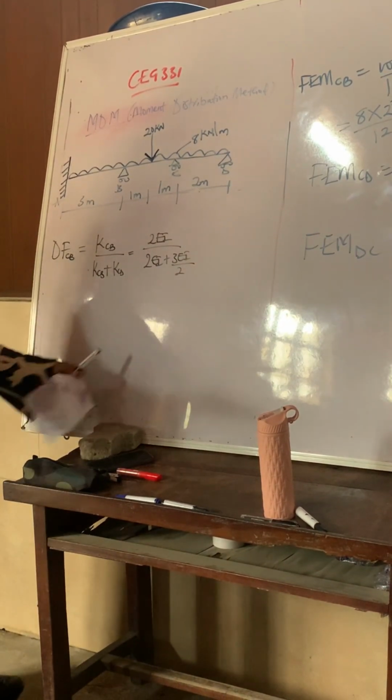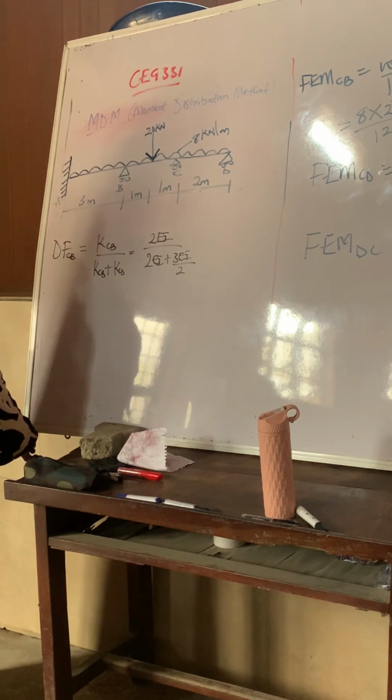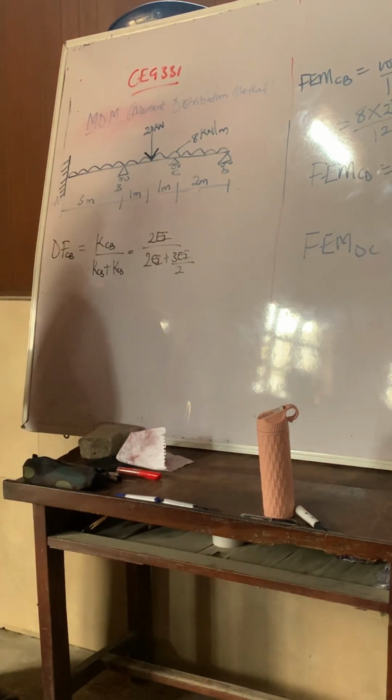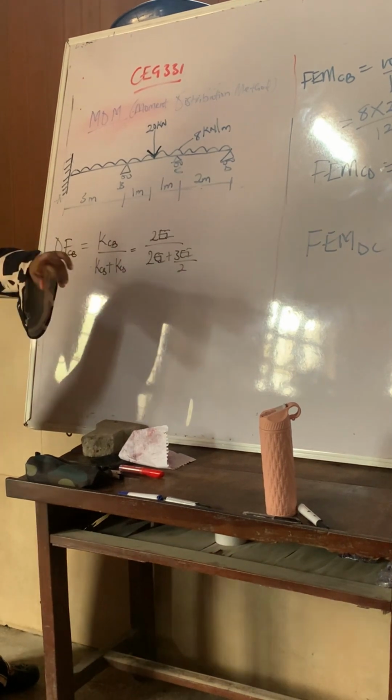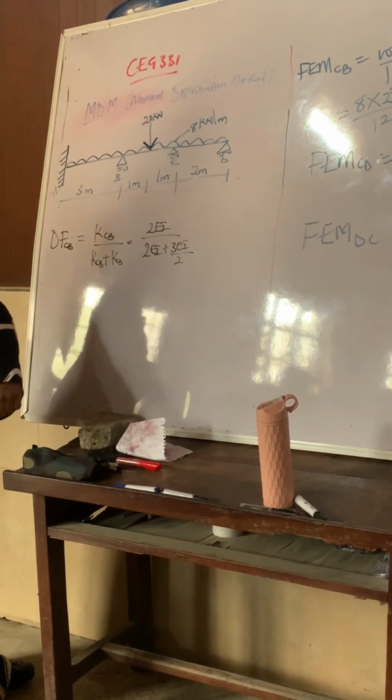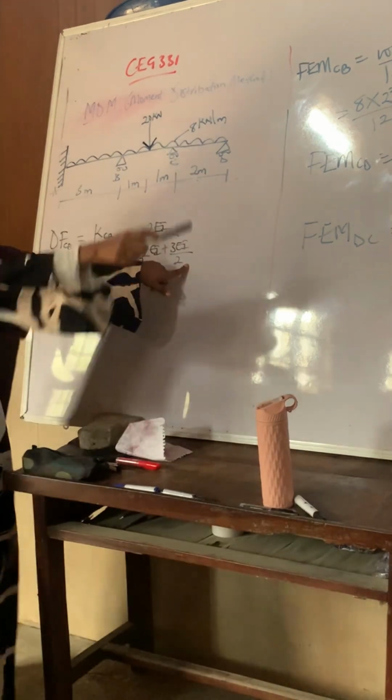Oh, it's correct. Yes, now look at the question, it's correct. So our KCB is what? 2EI. Then our KCD is what? 3EI over 2.